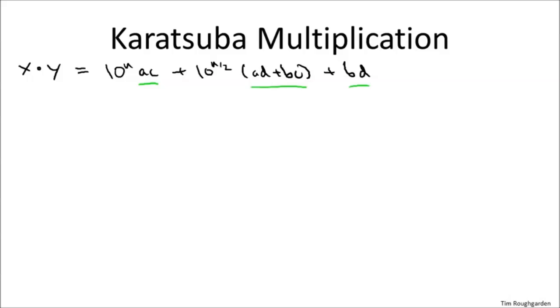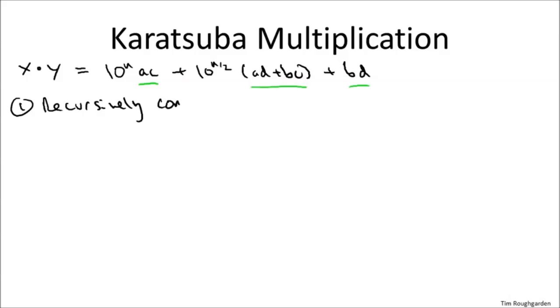So we care about AD and BC as quantities individually only inasmuch as we care about their sum. We really don't care about them individually. So that motivates the question, perhaps we can somehow uncover these three different quantities using only three recursive calls rather than four. And in fact, we can, and that's Karatsuba multiplication. To be more specific, our first two recursive calls are shared with the previous recursive algorithm.